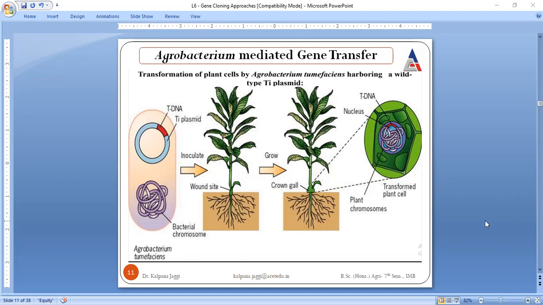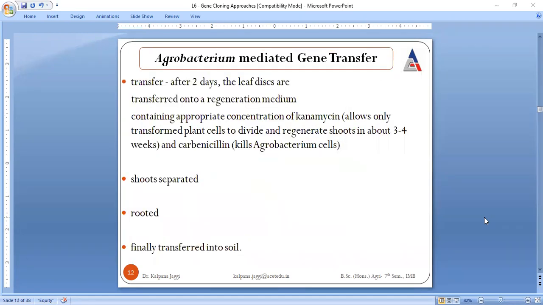So this is how a bacterium acts as a mediator and is responsible for the transfer of our desired gene into the host genome. When it is allowed to grow in the media, there will be growth of shoots and roots, and once the shoots grow and roots are available, it is finally transferred into the soil.